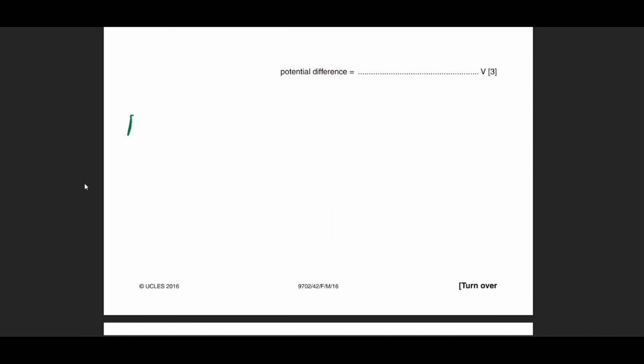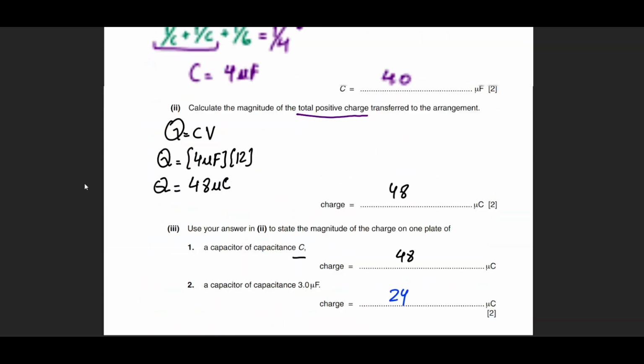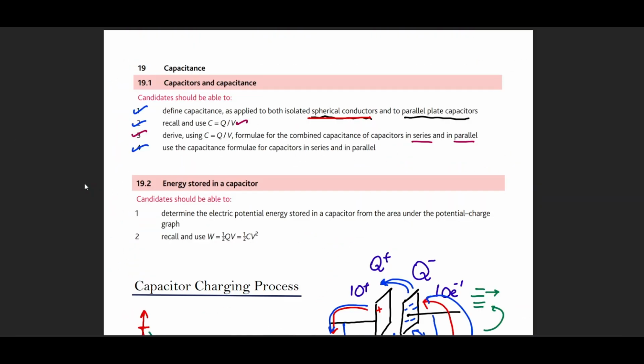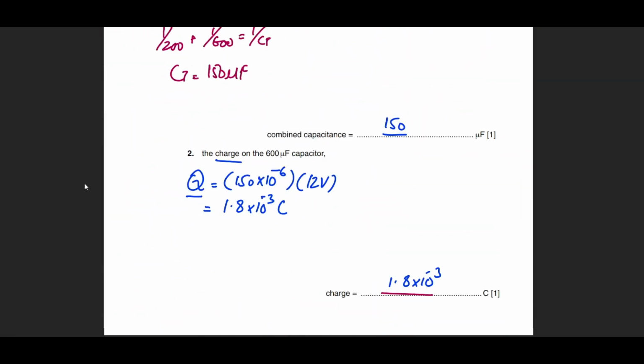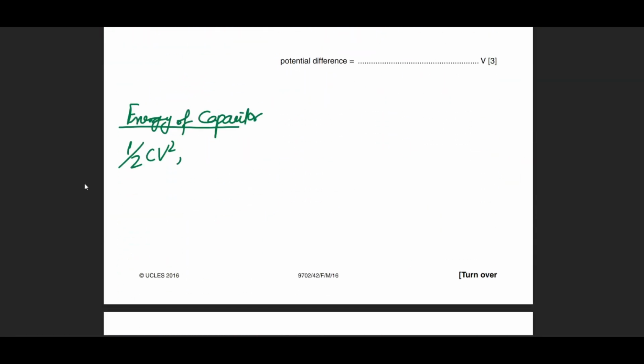One topic I would like to remind you of at this point is that the energy of a capacitor can be found by the formula half CV square, or the formulas given in the syllabus, half CV square and half QV.